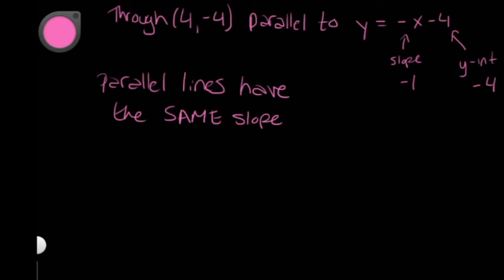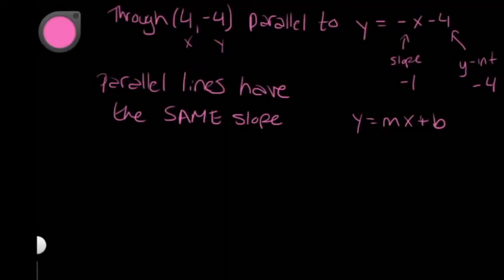So, if we use the information that y equals mx plus b, we're going to use this slope of negative 1, and we're going to use these 2 points. Remember, this is an x and this is a y. So if I plug those points in with the slope, I can figure out what the y-intercept is, what the b is. So my y will be -4.